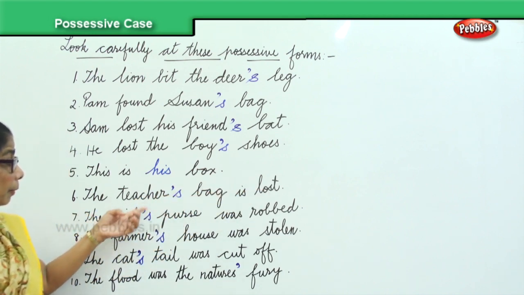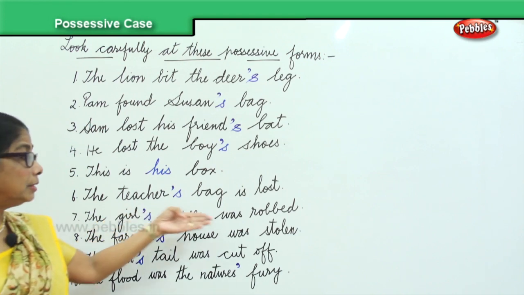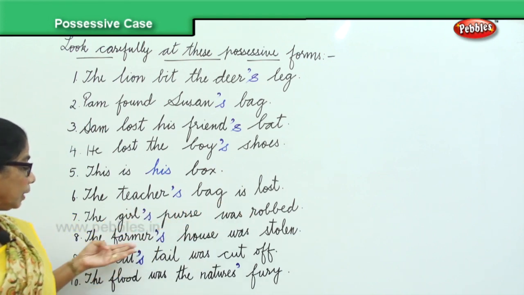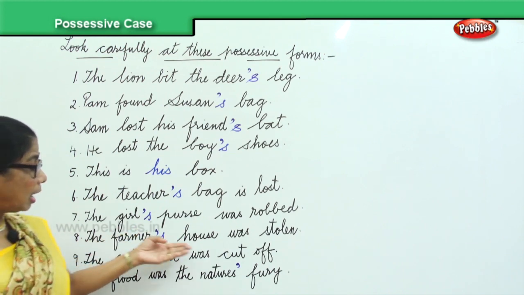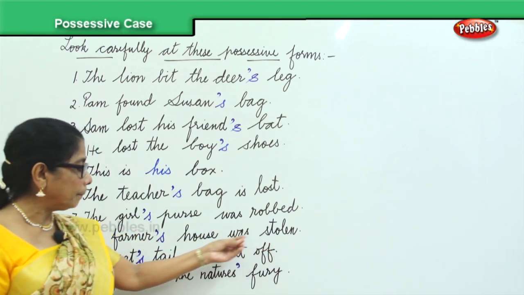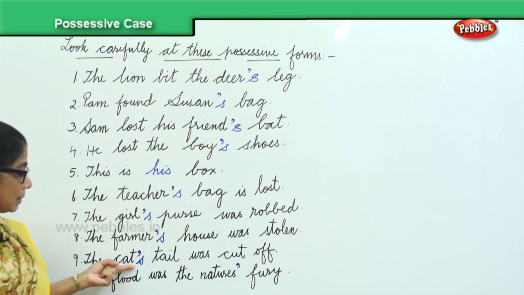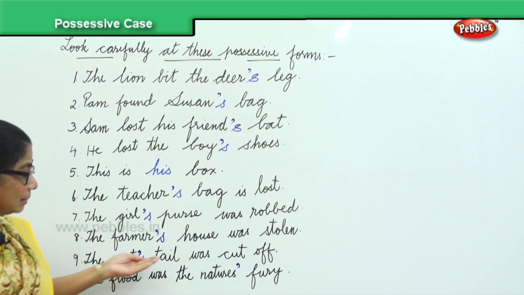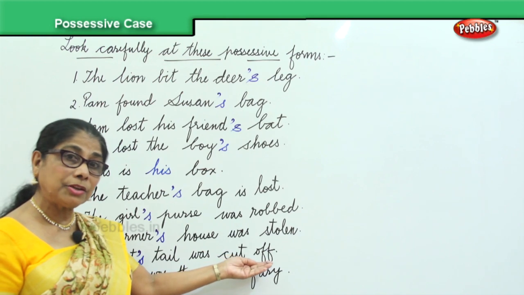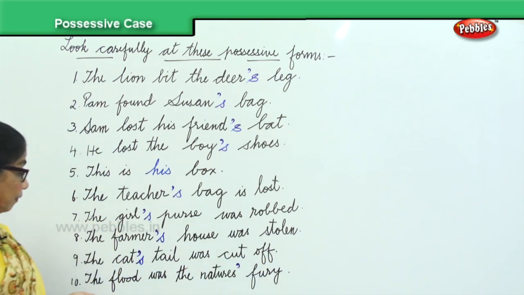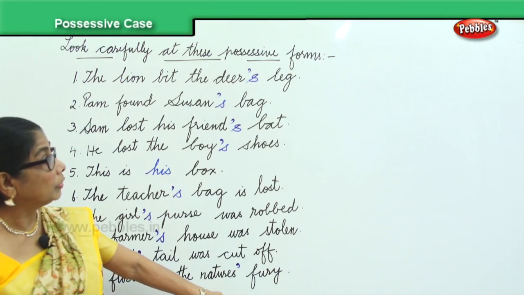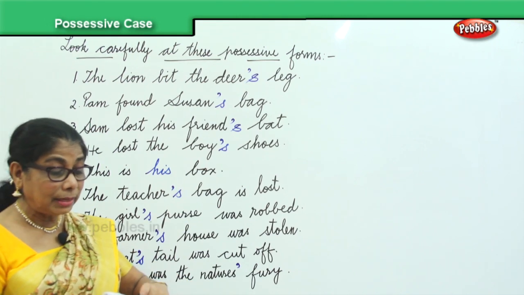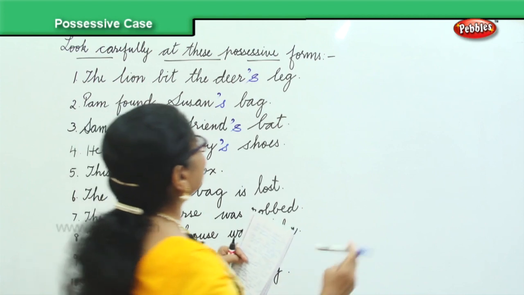The girl's, apostrophe S, the girl's purse was robbed. The farmer, apostrophe S, the farmer's house was stolen. The cat, apostrophe S, the cat's tail was cut off. The flood was the nature's fury. Okay? The flood was the nature's fury. Next.